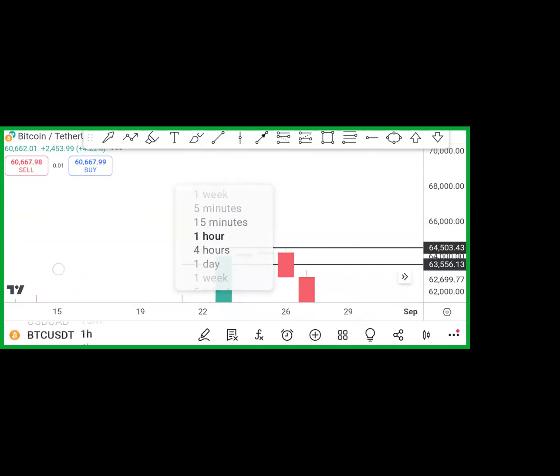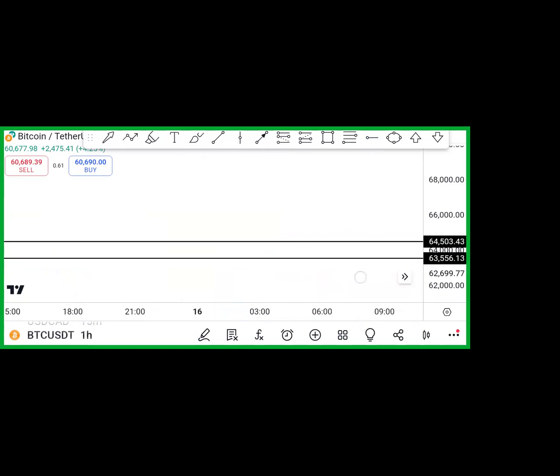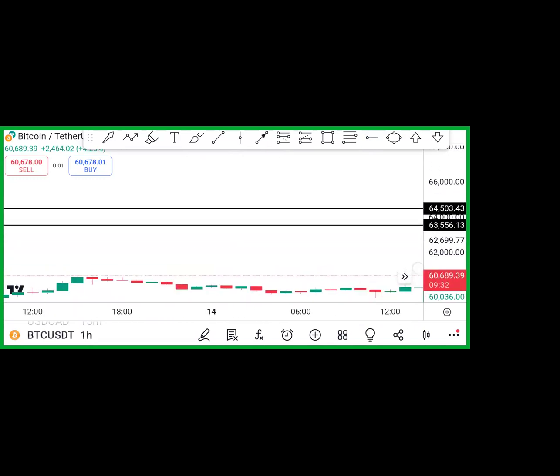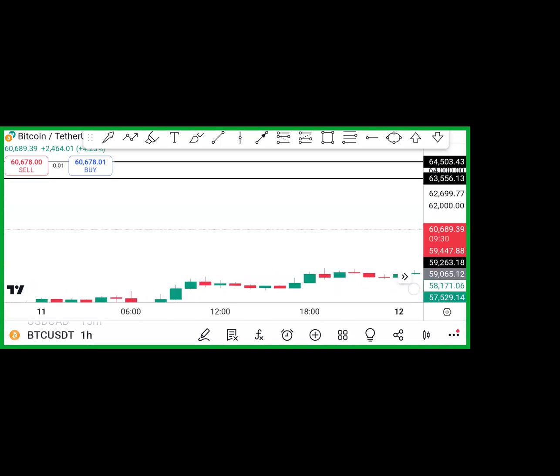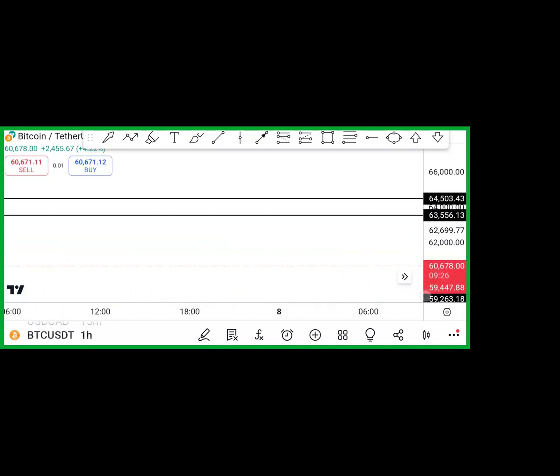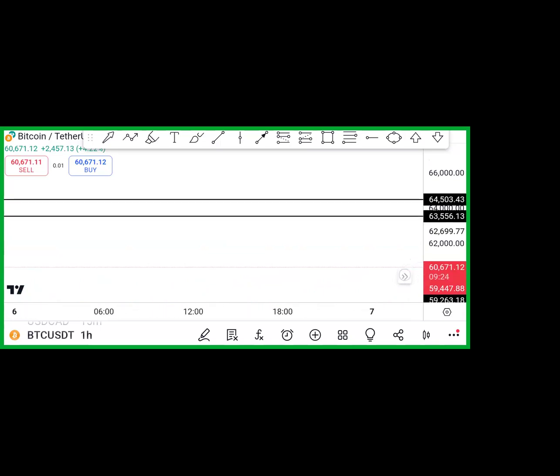The next step is to head on to a 1 hour time frame, right? You can choose to start using this strategy. Just keep using it, master it, practice it, back test it, and follow the rules, right? Now let's take a look at what this price did at this level.